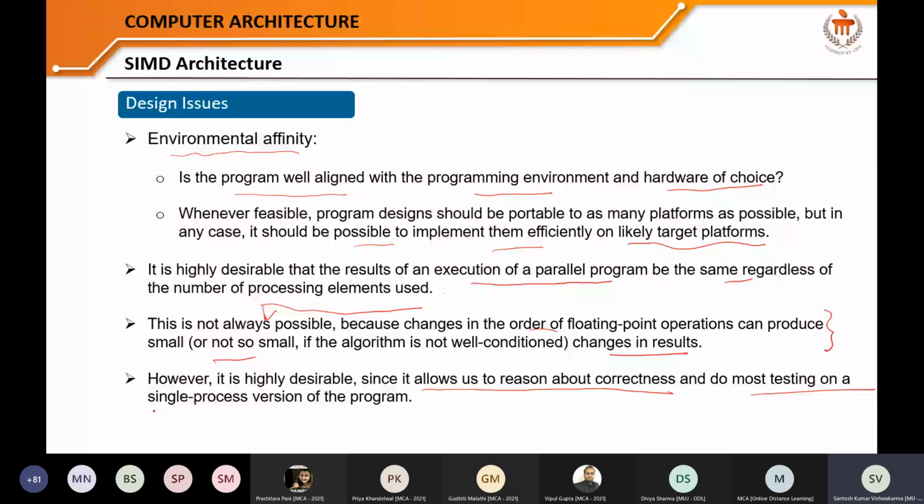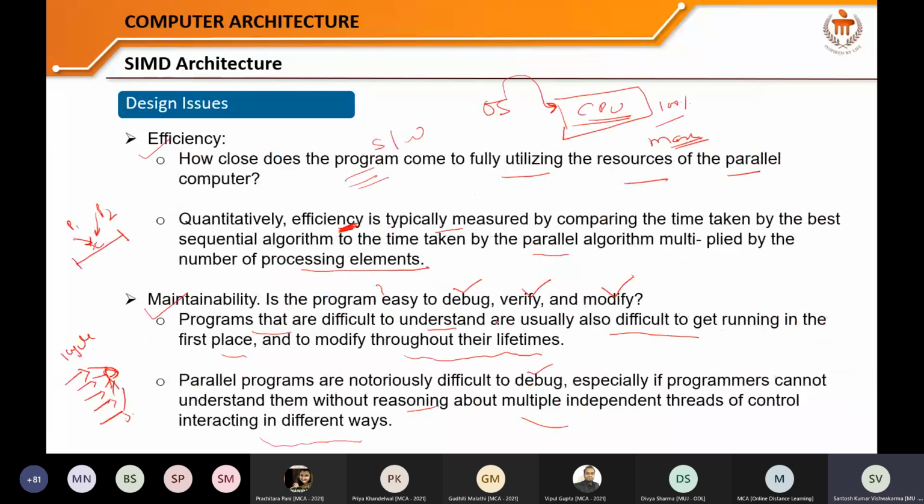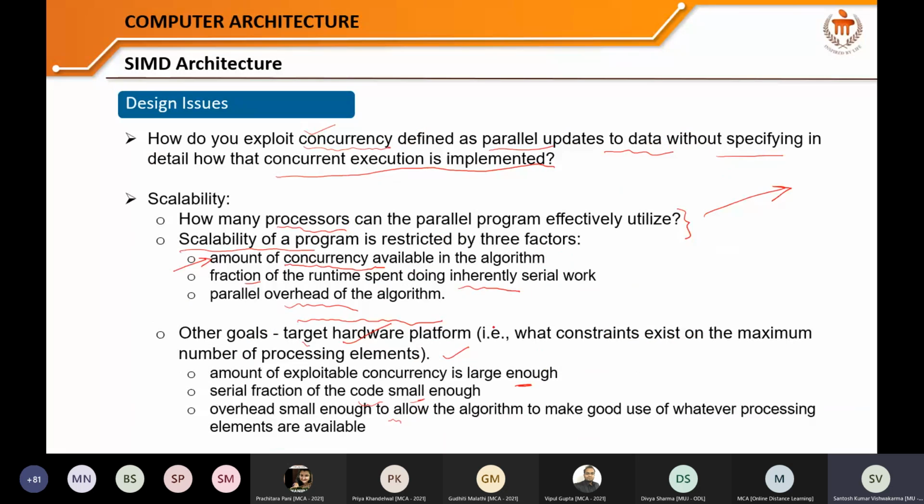So in short, we have discussed a few design issues, and let me repeat this. Do you have any question on any of this? Although many of the points I have not covered, because I was talking in terms of software perspective for working with the parallel system or concurrent executions. We have talked about the scalability issues.